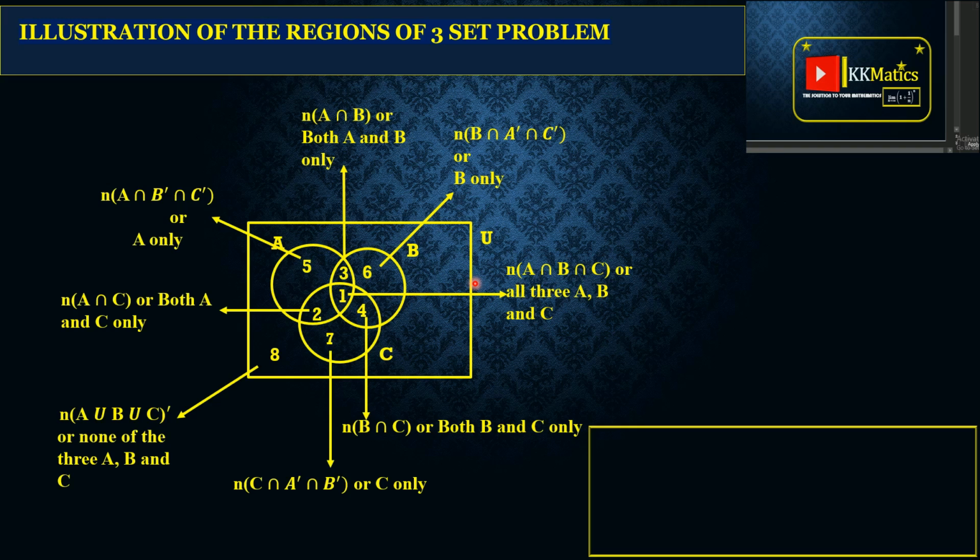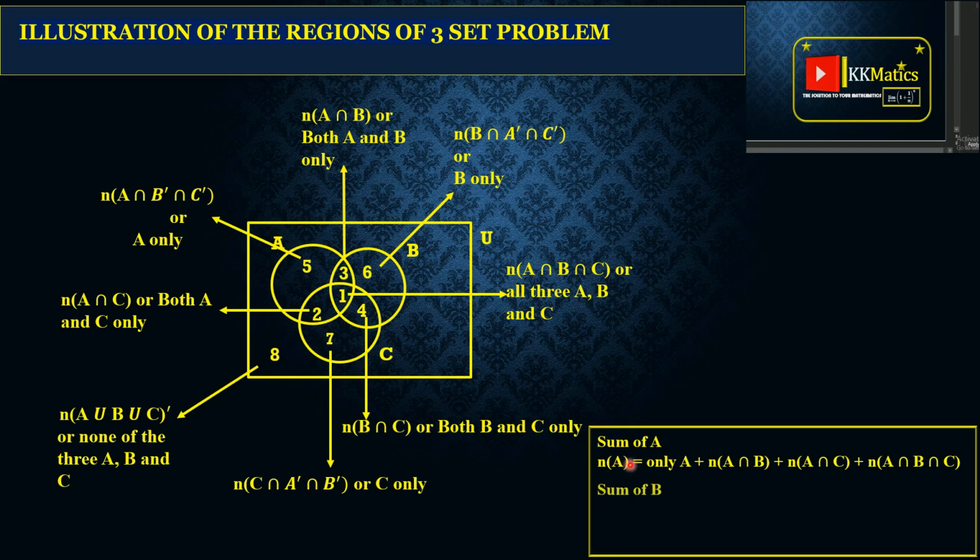We know that the whole of this circle, the sum of all the numbers comprised in this circle, is the number of elements in A. This is written as: only A, added to the number of elements in A intersection B, which is region 3, and then the number of elements in A intersection C, and finally the common element between A, B, and C, which is region 1. The sum of these should give you the number of elements in A.